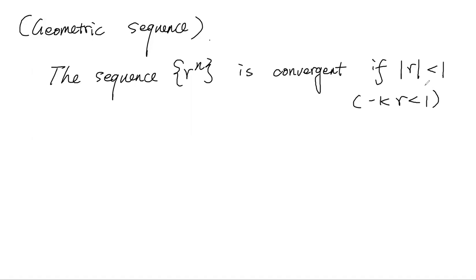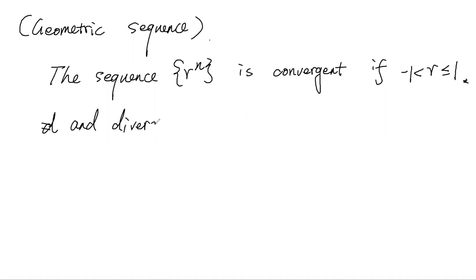Well, it's not exactly this because we have to consider the endpoints. So this is convergent when r is less than or equal to 1 and greater than -1, and divergent for any other r.